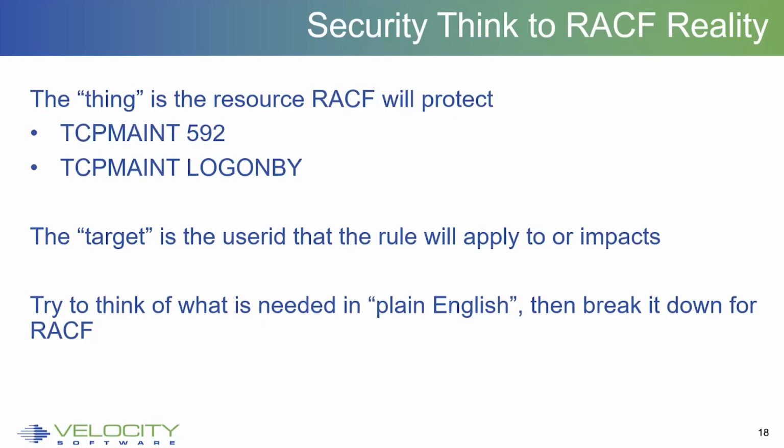The target is the user ID that the rule applies to, or that will be impacted when it's set. So try, if you can, to think of what's needed in plain English, and then break it down for RACF.